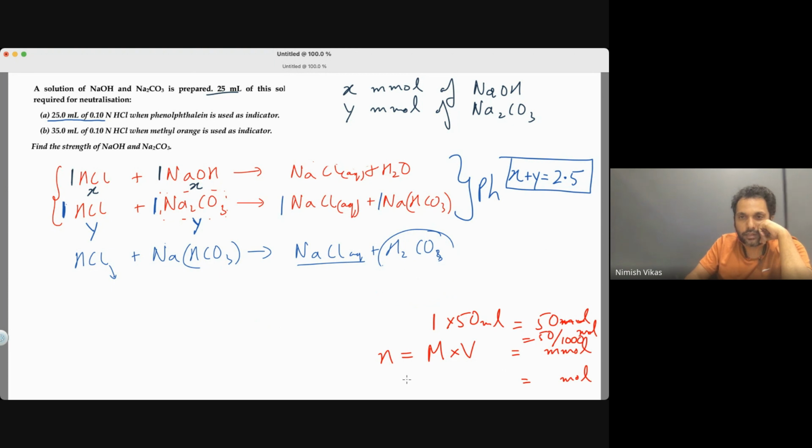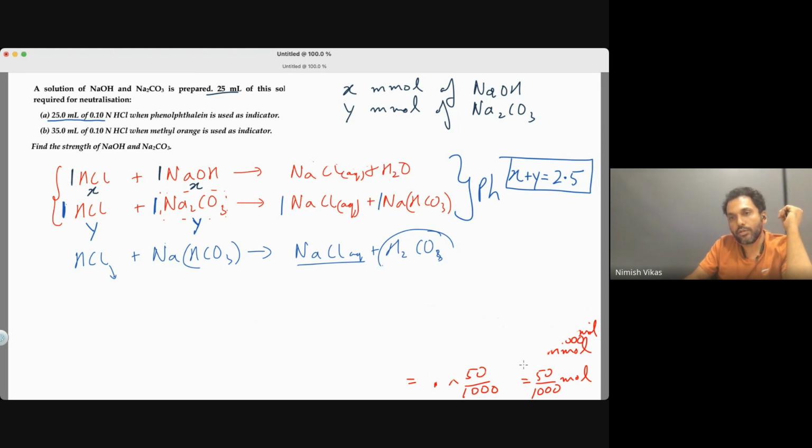I could have converted this to liters. Molarity is still 1 into 50 by 1000 liters, and I straight away get 50 by 1000 moles. It's the same thing. Is that clear? Simply, if you multiply with milliliters, you get millimoles. Okay.